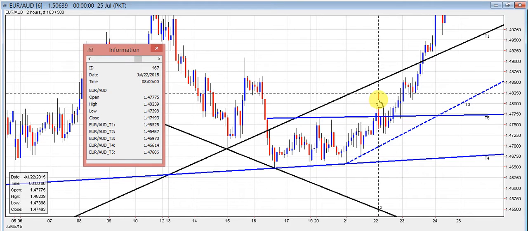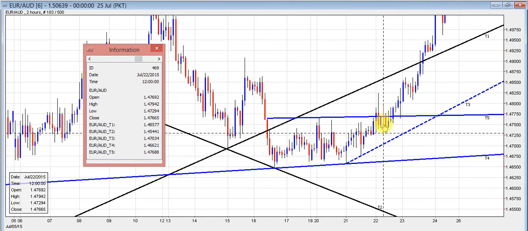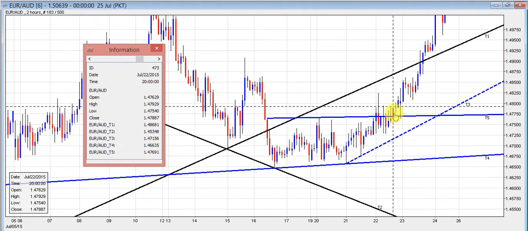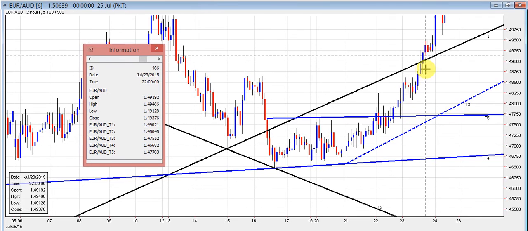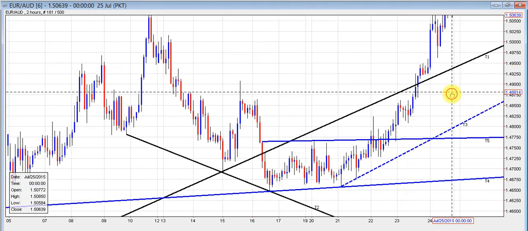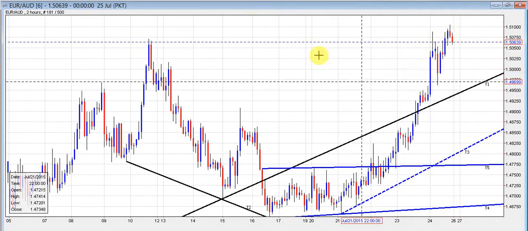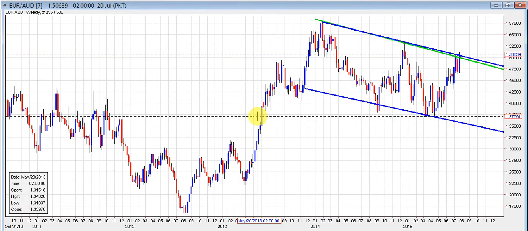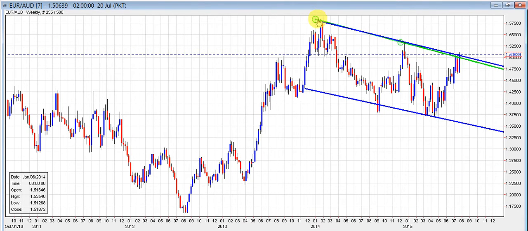It hit about 50, 55 pips towards the gain side before lowering again, then closing on the higher side, and then Aussie dropping substantially and this going on the higher side, which actually makes sense because I did a weekly on this a few days back and pointed out that on the weekly this looks like a bull flag. So it's more bullish.